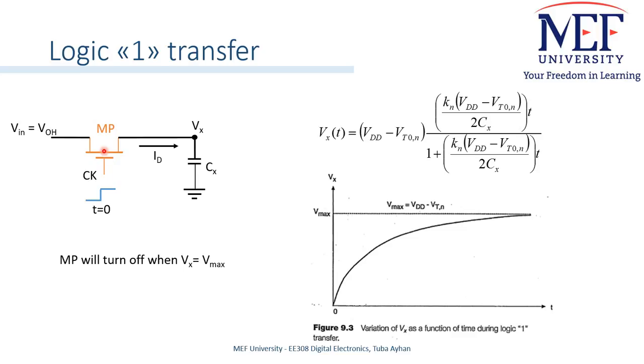So it can never reach VDD. The pass transistor will turn off when Vx is Vmax, since at this point its gate to source voltage will be equal to its threshold voltage. Therefore, the voltage at node X can never attain the full power supply voltage level of VDD during the logic 1 transfer.